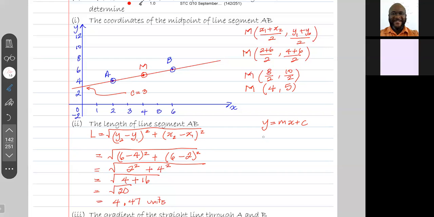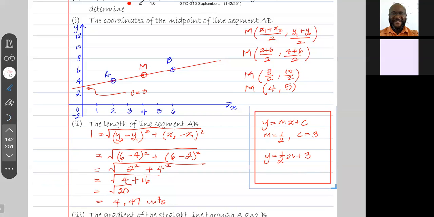So m is equal to a half, and c is equal to 3. So y is equal to a half x, that's mx, plus 3 is the equation of the line.